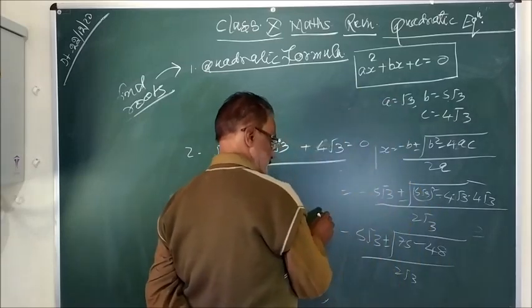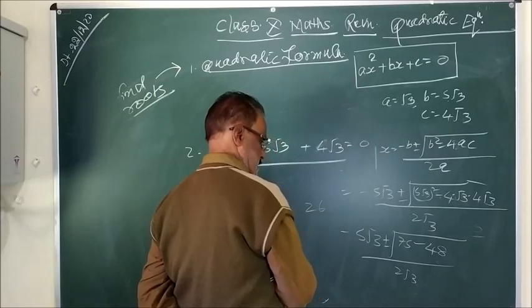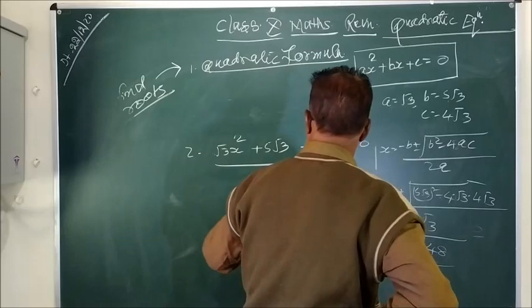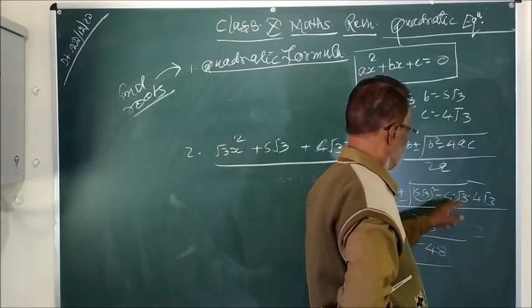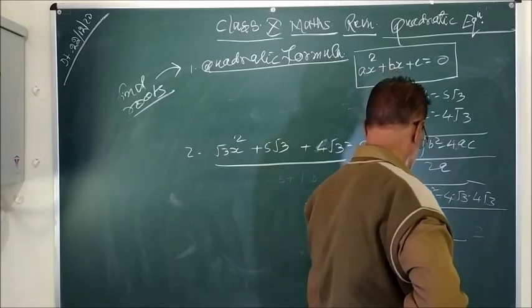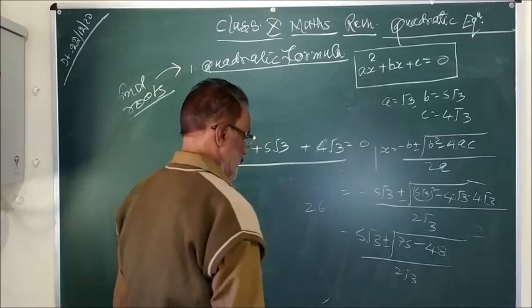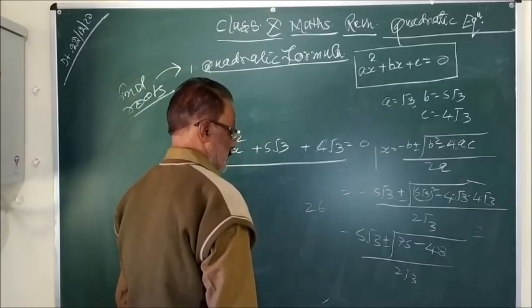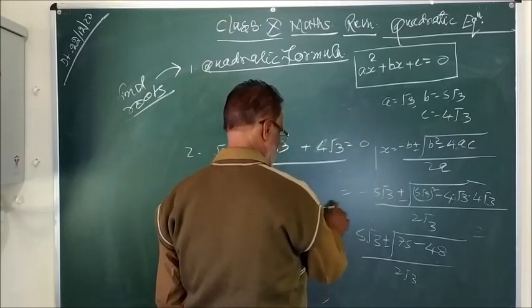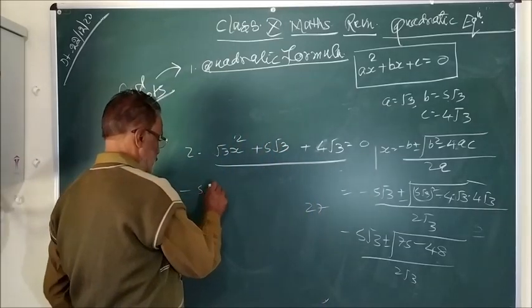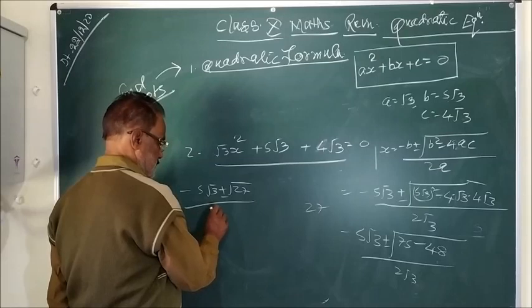Put 75 minus 48, which is 27. So this will be minus 5 root 3 plus minus the square root of 27, and this will be 2 root 3.